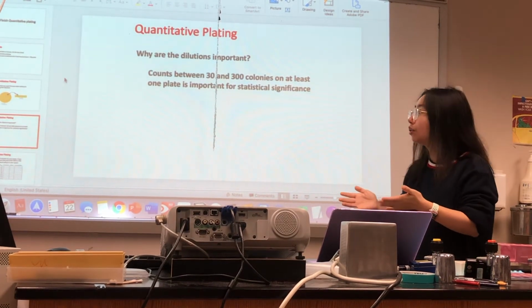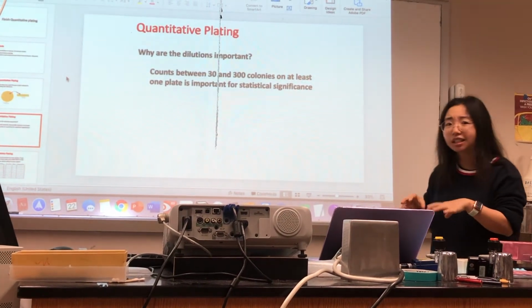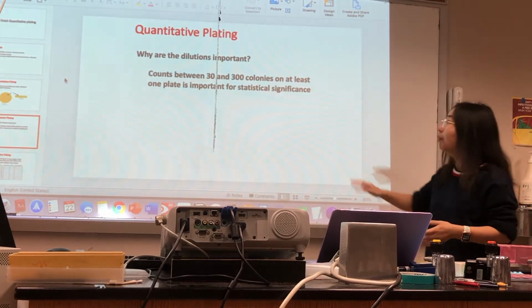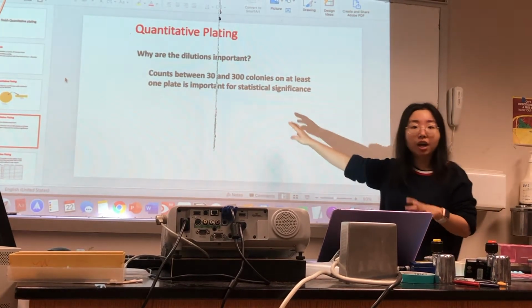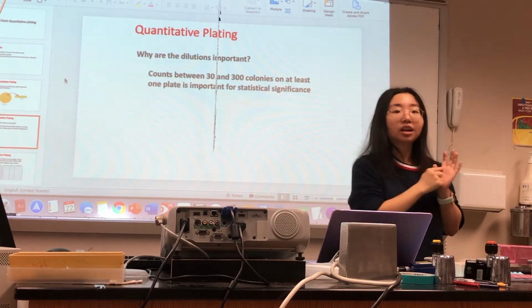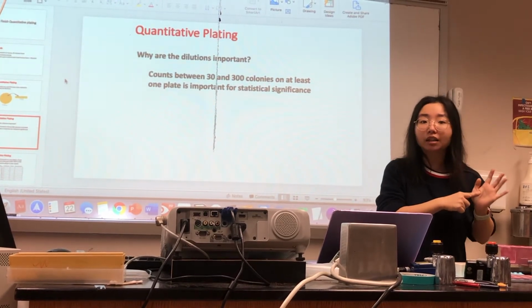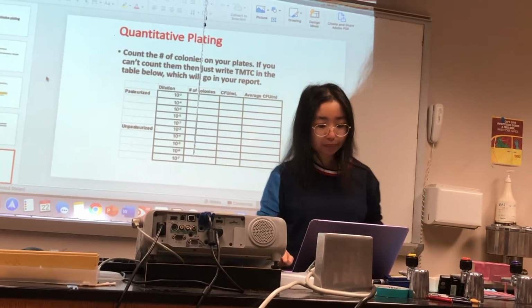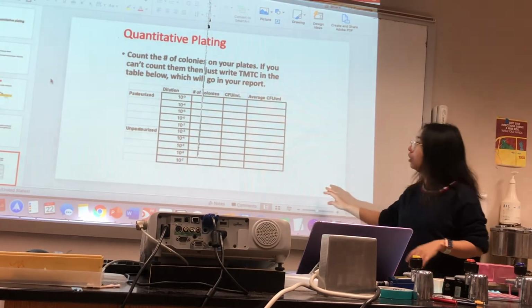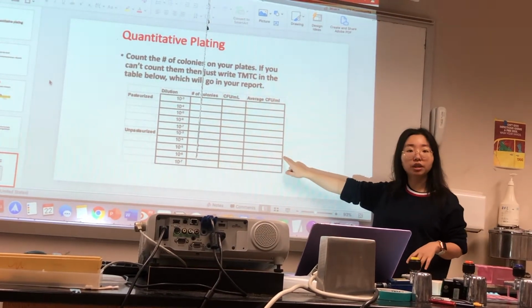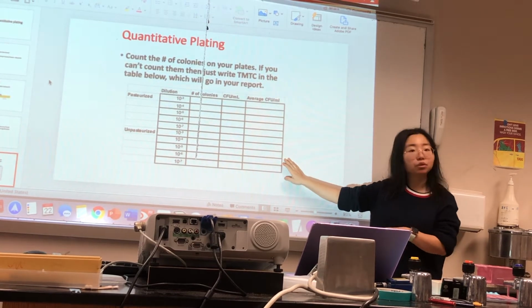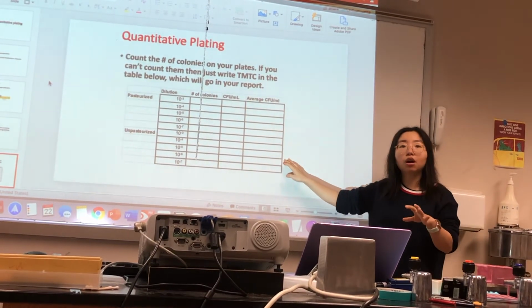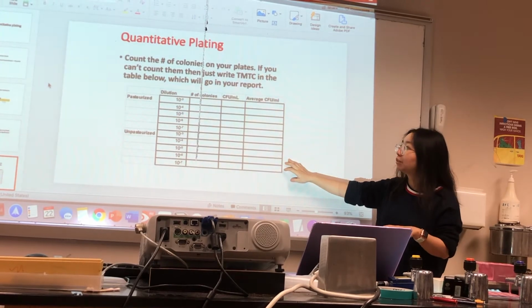If the colonies are less than 30, that's fine, we could count at least, but if there are more than 300 colonies, we will write TN, too numerous to count, and we won't count cells on plates with more than 300 colonies.